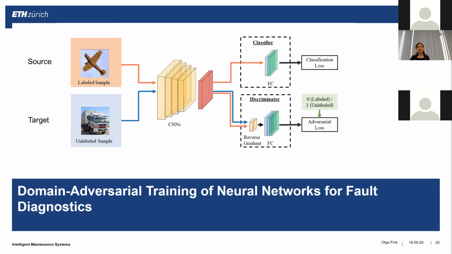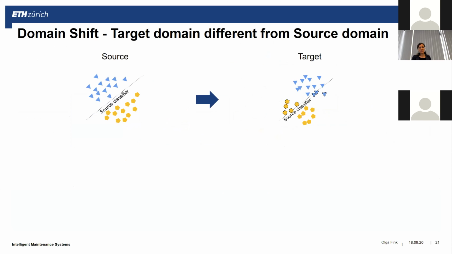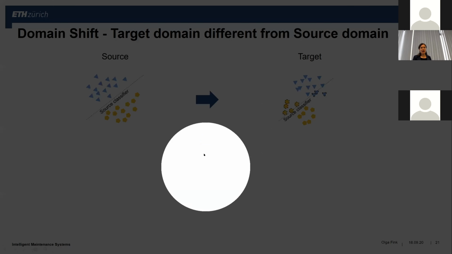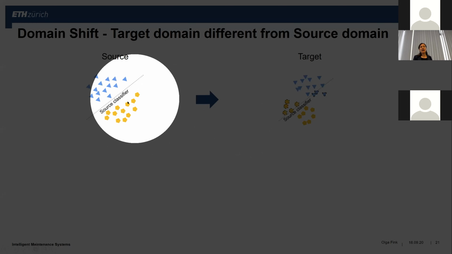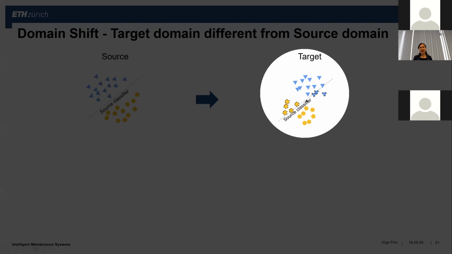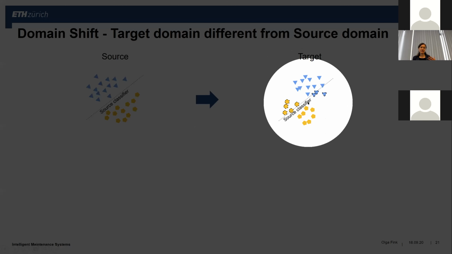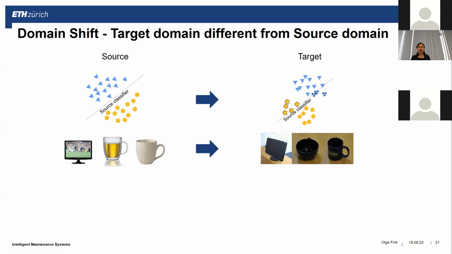So if we take the very same classifier and we apply it on a target data set that has experienced a domain shift, our classifier will actually perform quite poorly. So this is the case where we took images under ideal conditions, and then we are trying to detect the objects under real conditions. But this is also the case for industrial applications, where we collect the data on some operating conditions, and we would like to transfer it to other operating conditions.